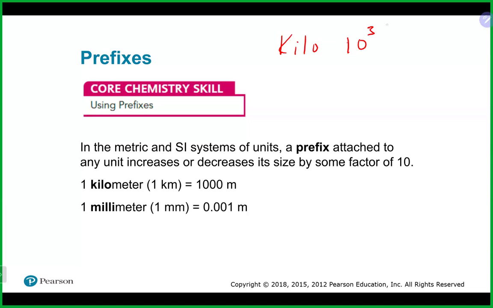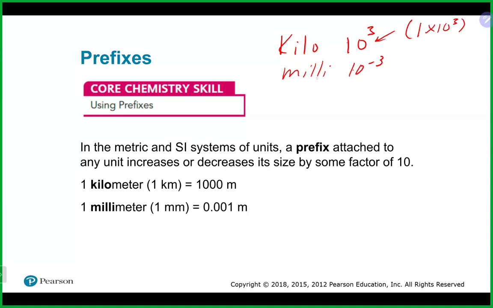So first off, 10 to the 3 is really, if you needed to put it in your calculator, 1 times 10 to the 3, basically scientific notation. So when you see kilo is 10 to the 3, or milli is 10 to the minus 3, that is how much there is in the base unit to one of the prefix units.